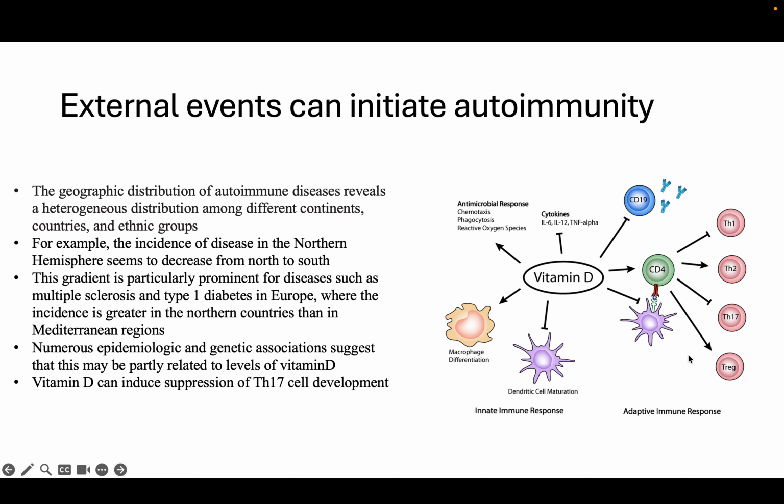It can stop dendritic cells presenting self-antigens to CD4 T cells, it can stop self-reactive B cells, and it can stop T helper 17 cells. So it helps cause more stability and Treg function, and stops an exaggerated immune response.